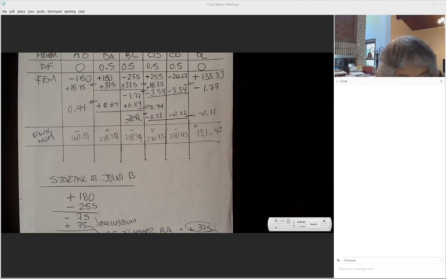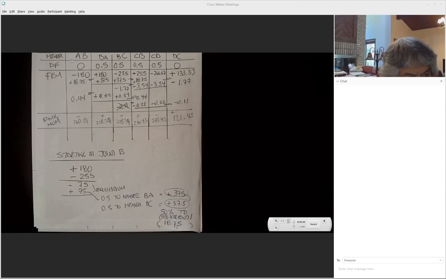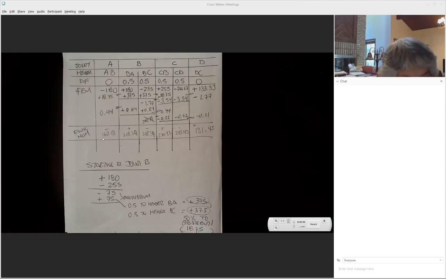So this is where we stopped on Monday. So what we have to do now is interpret the answer. All of these moments are the final moments at the end of the member. So to plot, for instance, this moment is AB and this moment is BA. 160.81.